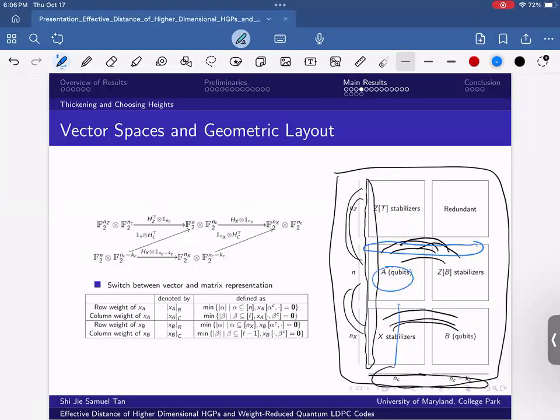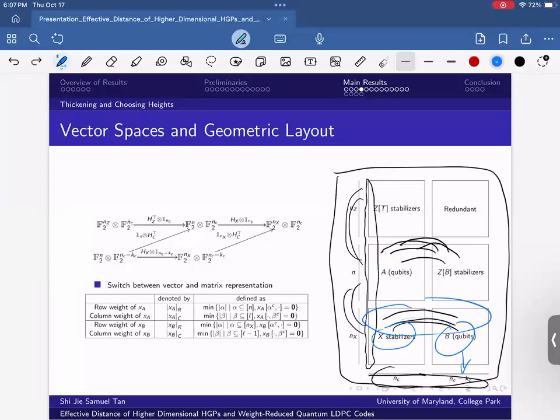The bits here correspond to NC, and the checks here correspond to NC minus KC. So these are copies of the classical code. In this other direction, it's the opposite, where the bits are the classical checks and the stabilizers are the original bits. So the direction is like the transpose of the check matrix. Is that clear?